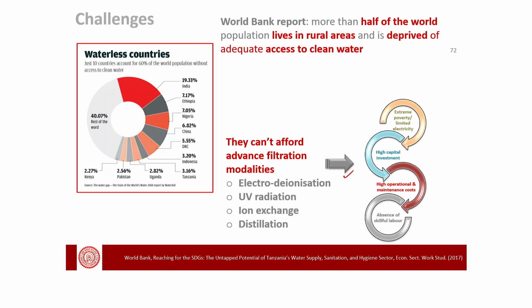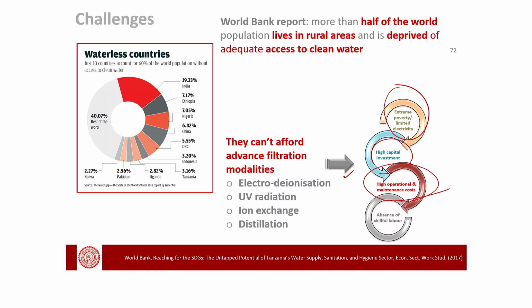If you see, the main problem is extreme poverty and limited electricity in rural areas. The second problem is the high capital investment, which poor people cannot afford, and high operational and maintenance cost.